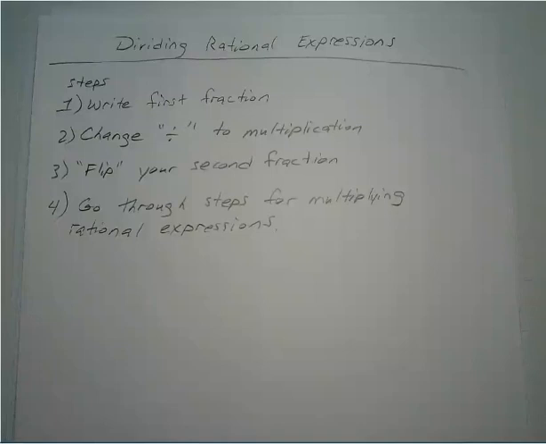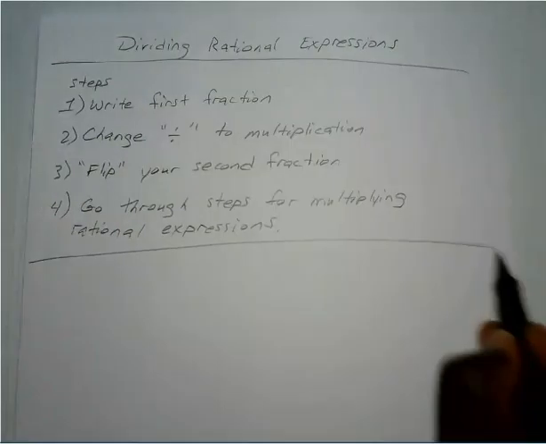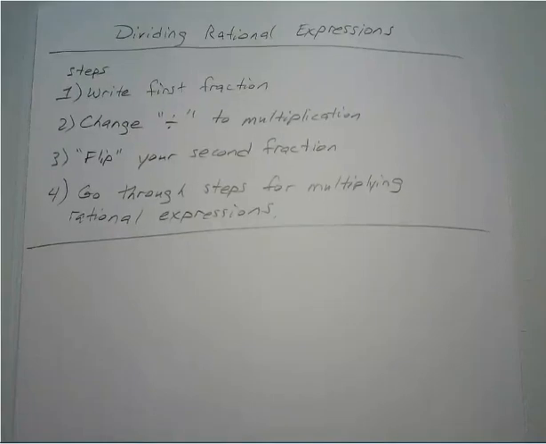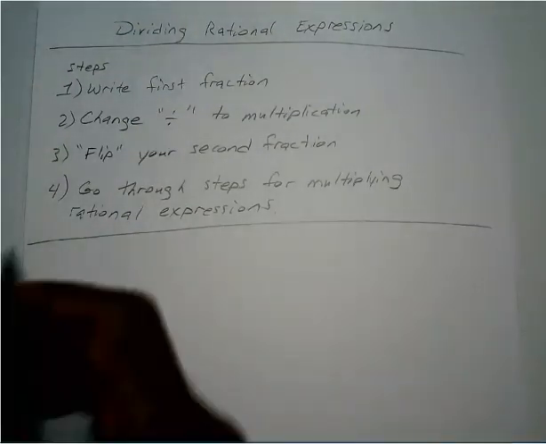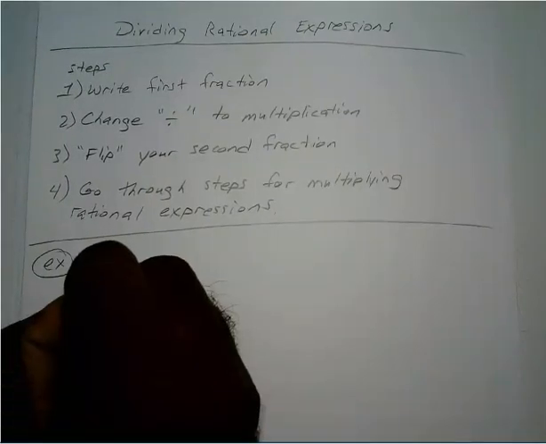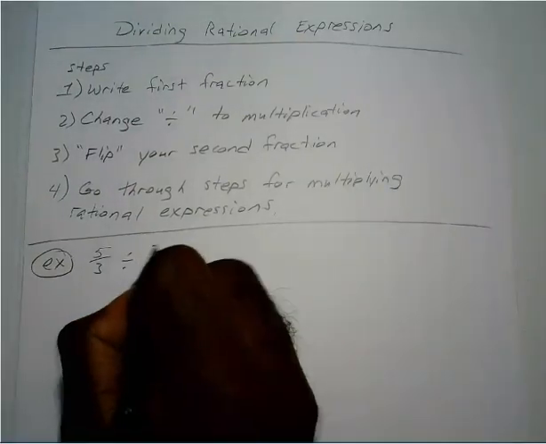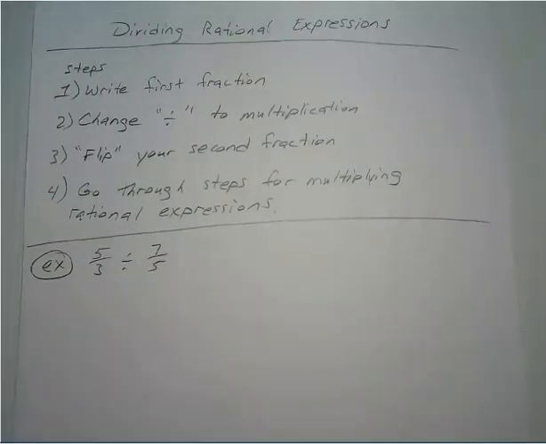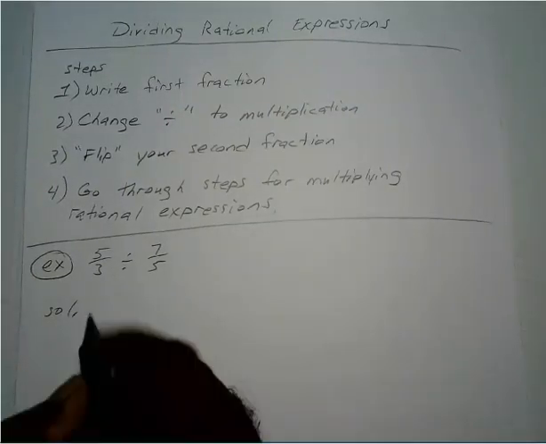Alright, so let's go through a quick reminder on how to do the steps for dividing fractions. We'll just start off with a basic fraction. What if you have 5 over 3 divided by 7 over 5?